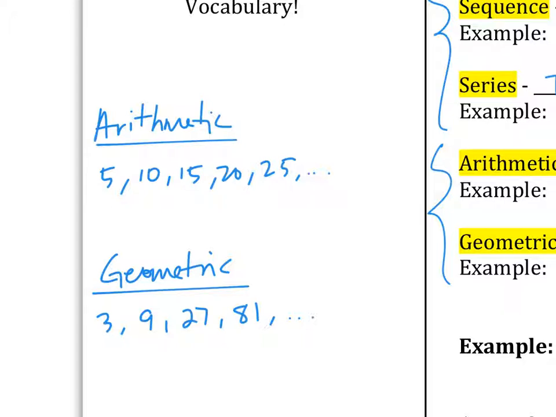I don't know, arithmetic is adding by 5 and geometric is multiplying. Okay, all right. So in general, arithmetic is adding or subtracting. Geometric is multiplying or dividing. Okay, so it has to do with how you get to the next number.